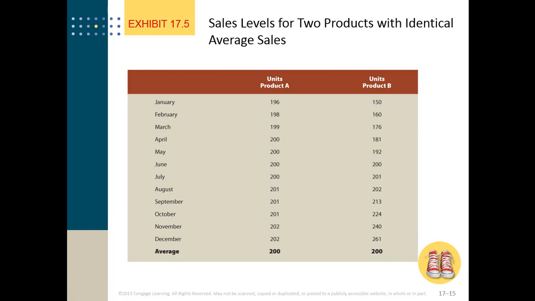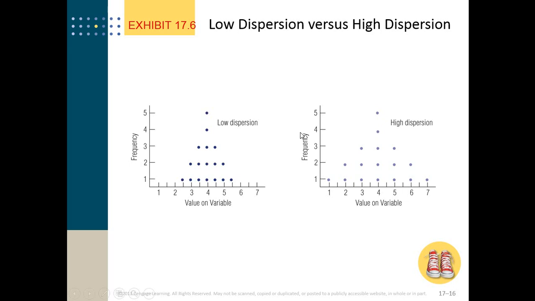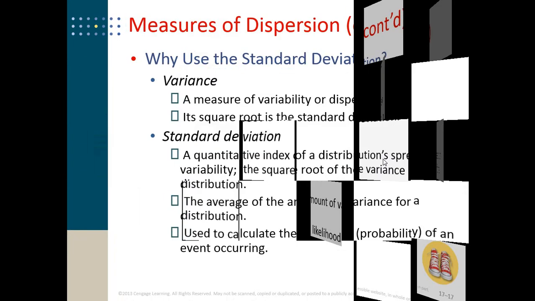So it's very easy to understand that A has less spread in its sales and B has more spread in its sales. If we just plot these numbers in a diagram like this, a low dispersion data will look like this and a high dispersion data will look like this.